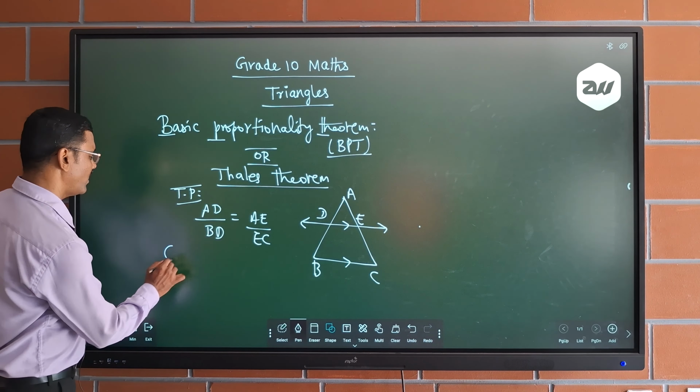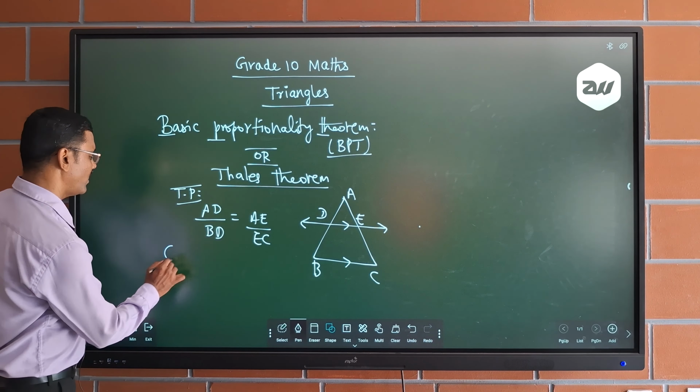For the construction, from D I draw a dotted line DM, perpendicular to AC. Similarly, I draw one more line EN. EN is also perpendicular to AB. So the first one is DM perpendicular to AC, and I draw EN perpendicular to AB.